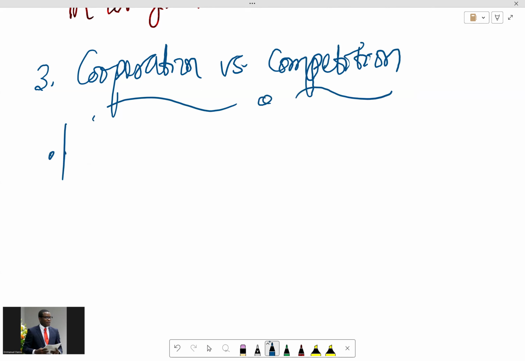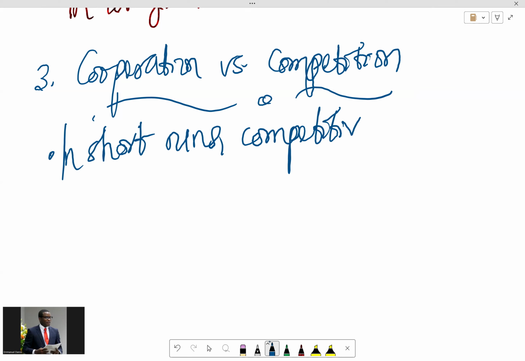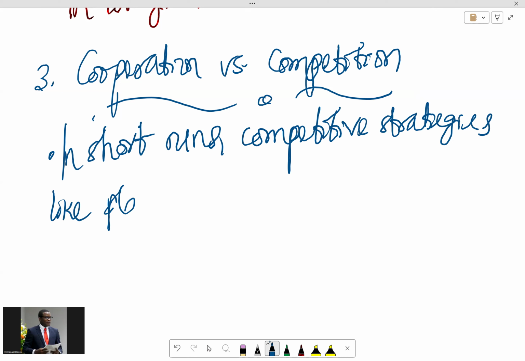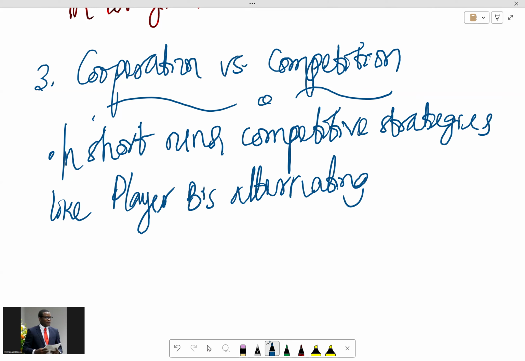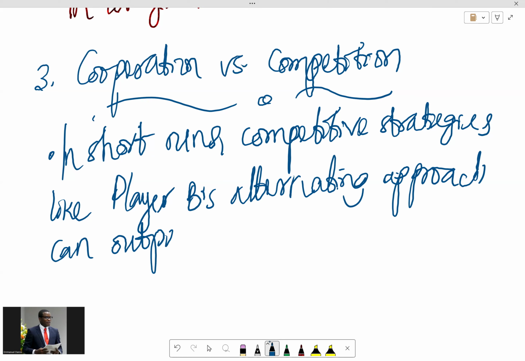So here we see that in short runs, competitive strategies like player B's alternating approach can outperform cooperative strategies.